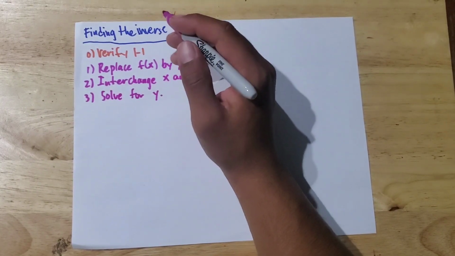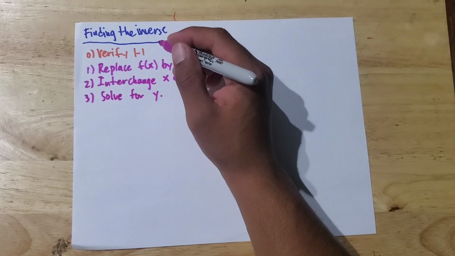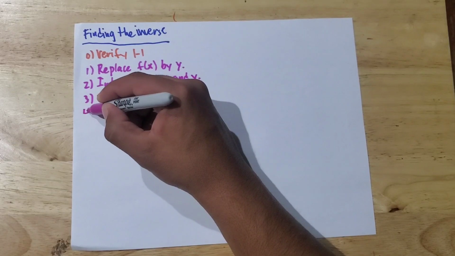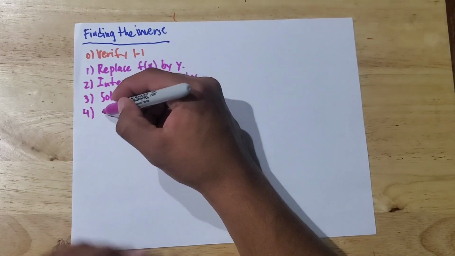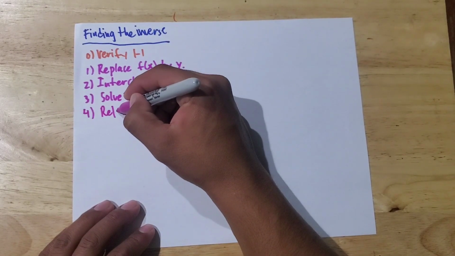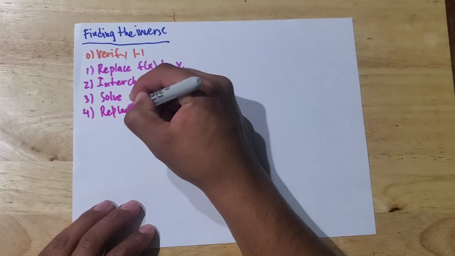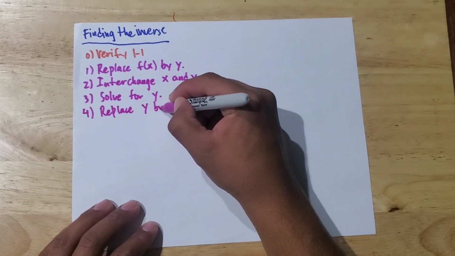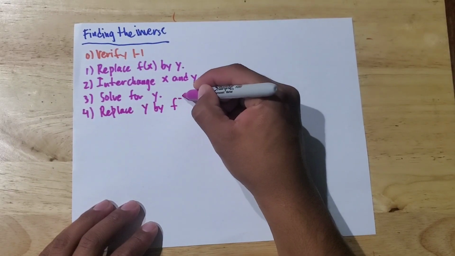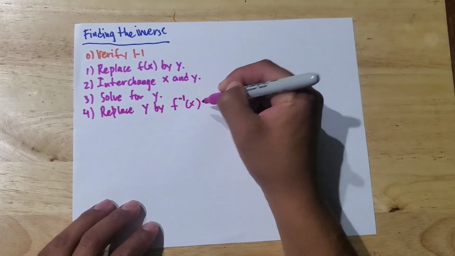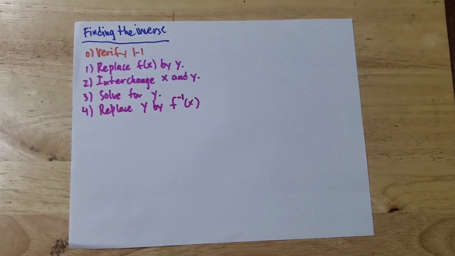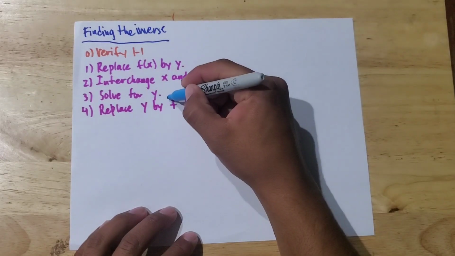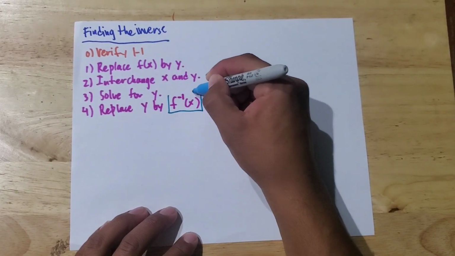And there's a couple tricks on some of the examples, if there's a nice trick to be able to find the inverse. And then lastly, you're going to now replace y by f inverse of x. So this, I didn't write it earlier, but this is inverse notation here.